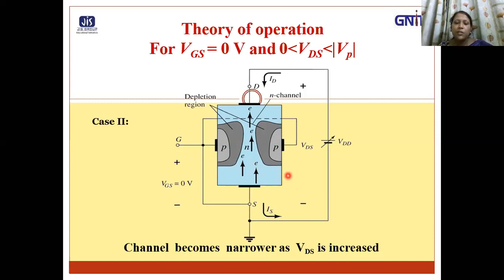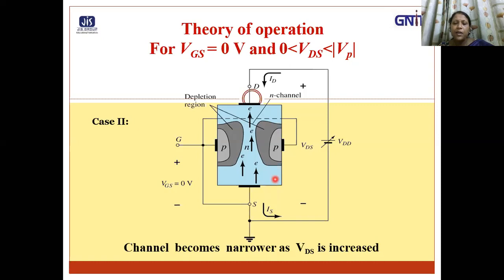Hence, the depletion region penetrates more deeply into the channel in the drain gate region than the source gate region, as you can see here. This explains why the depletion region becomes wedge-shaped when VDS is applied.